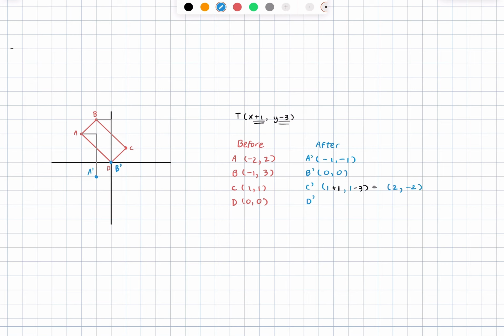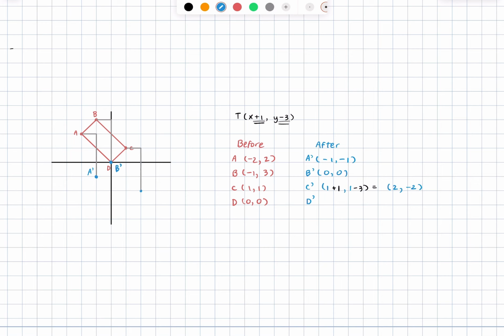So 2, negative 2. It's going to be right here. And if we check that with what we did on coordinates A and B, we see that moving right 1 and down 3, 1, 2, 3, gets us there too.